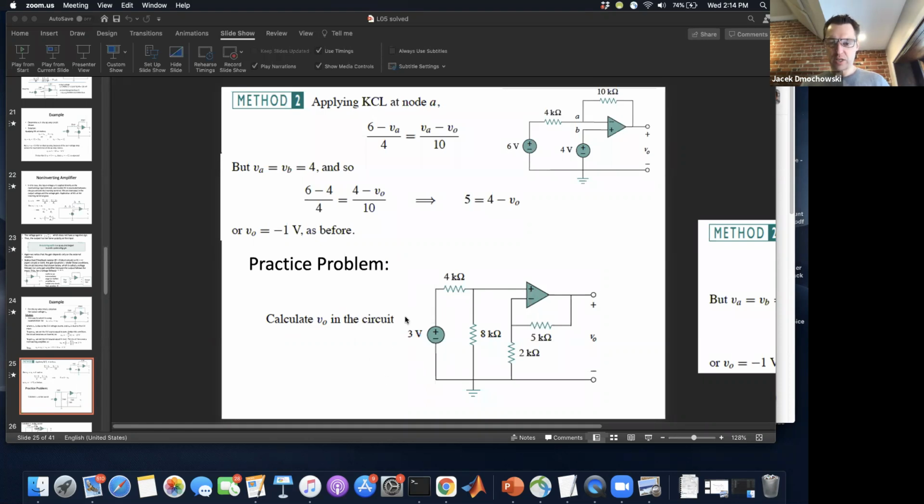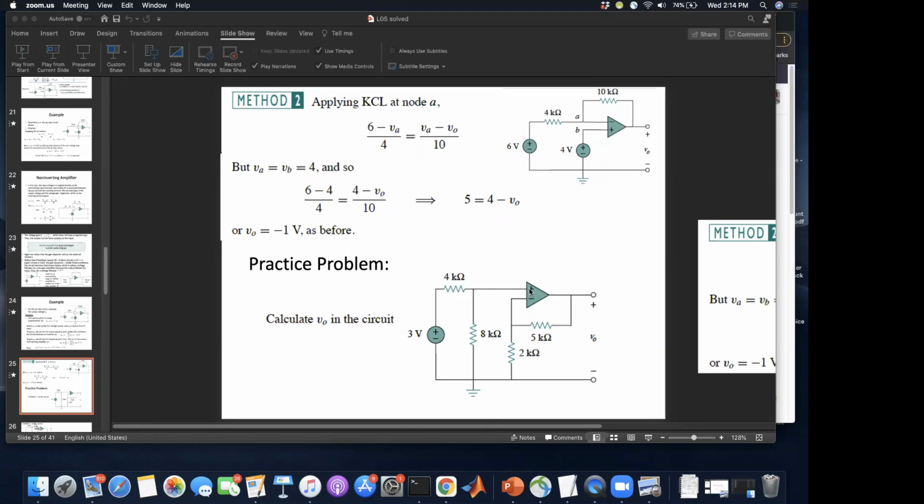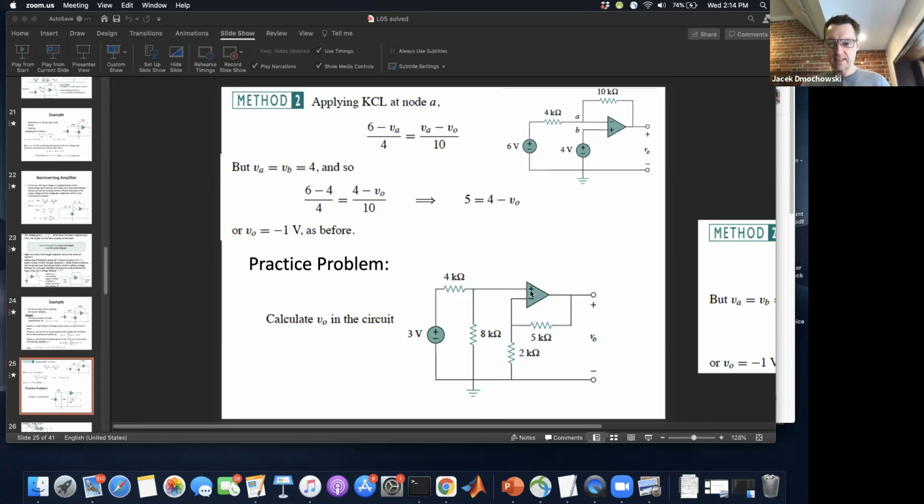See here, there's one source and it's connected to the positive end. That's a giveaway that this is a non-inverting amplifier. But when there's an input on the positive and the negative, it's neither, and we'll cover those.